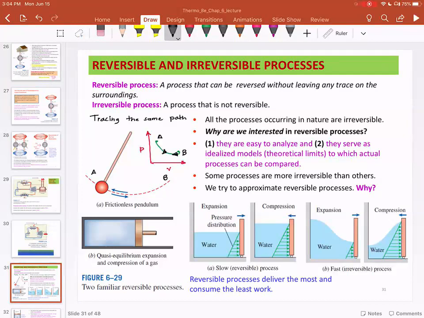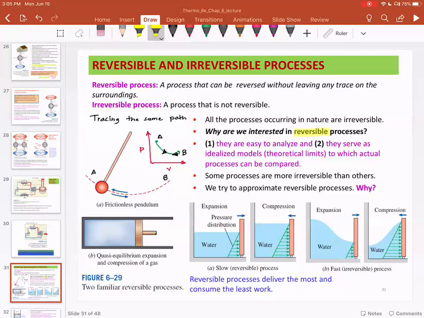For example, there will be some heating, there will be some external entropy change that will be caused because of this change in the direction. But still, we assume many of the thermodynamic processes are reversible.